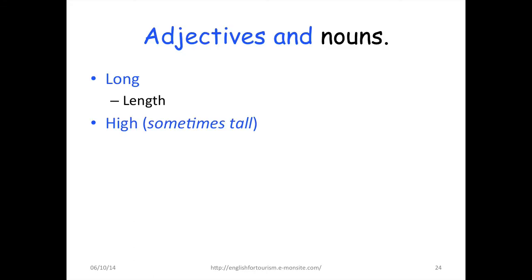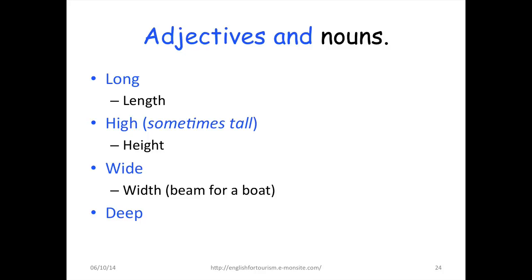The adjective is high, sometimes tall. The noun is height. The adjective is wide, and the noun is width, sometimes beam, especially for boats. The adjective is deep, and the noun is depth, la profondeur.